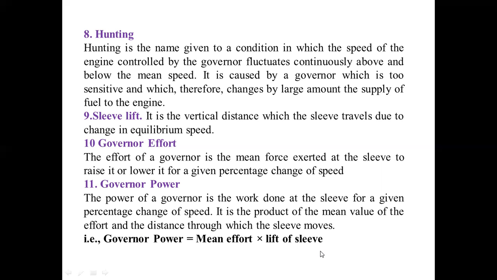The power of the governor is the work done on the sleeve for a given percentage change of speed. We know the basic equation: work done is force into distance. It is the product of mean effort and the distance through which the sleeve moves, that is the sleeve lift. That is given by effort into sleeve lift.